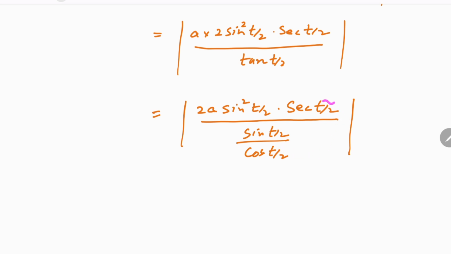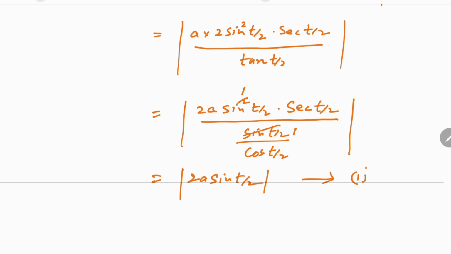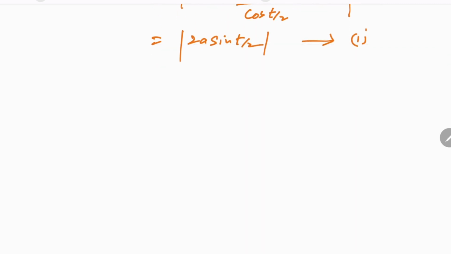Cos into sec is 1. Therefore, cos and sec are cancelled out. Sin square we can cancel, its power becomes 1. 2a sin t/2 is the final expression left over. This is the length of the tangent.